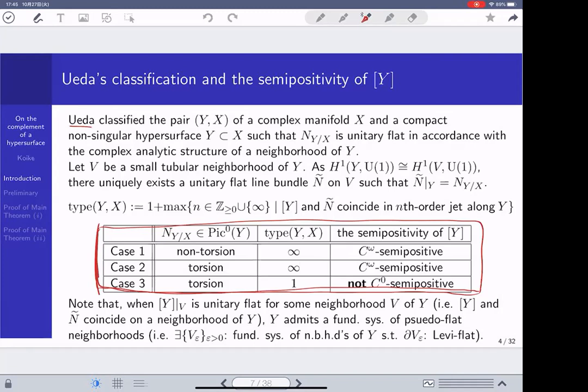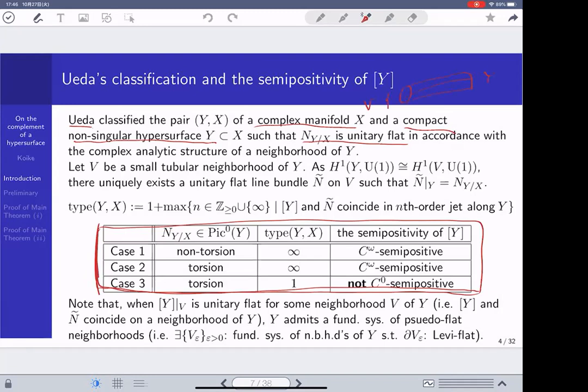Professor Tetsuo Ueda classifies the pair Y and X, where X is a complex manifold and Y is a compact non-singular hypersurface, such that the normal bundle is unitary flat, which means that this line bundle comes from a unitary representation of the fundamental group of Y, which means that the transition functions are unitary constants, in accordance with the complex analytic structure of a neighborhood of Y. Let V be a small tubular neighborhood of Y. So here's Y, and V is a small tubular neighborhood.